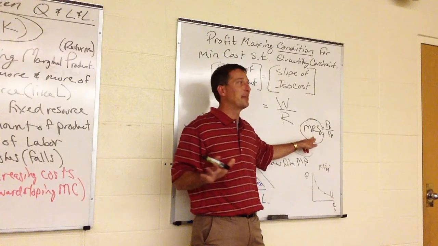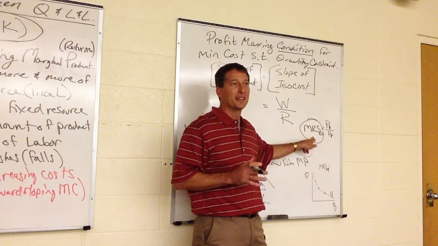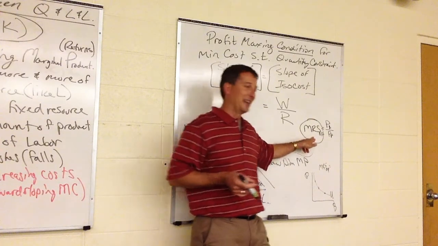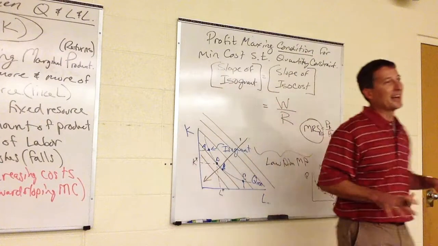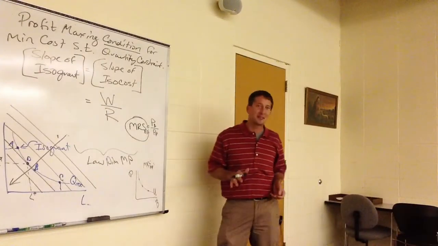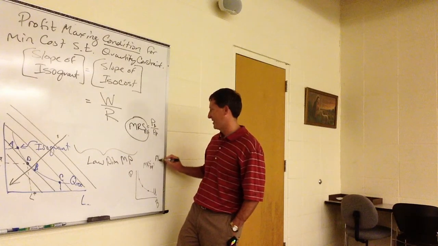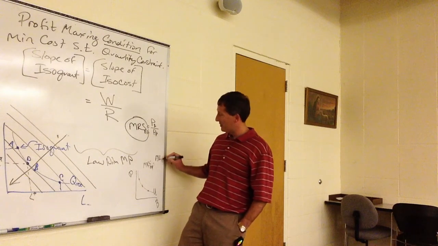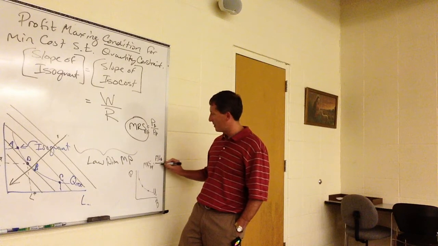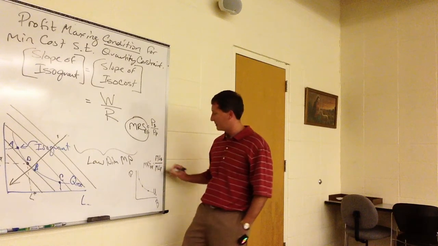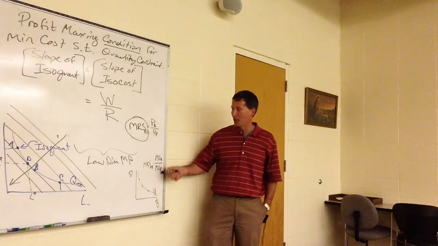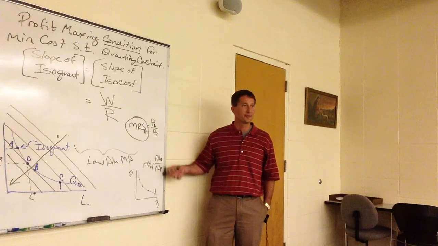You guys are just dead meat if you don't know this part. So flip back through your notes. Yes! Marginal utility of beer over the marginal utility of pizza. The ratio of the marginal utilities.